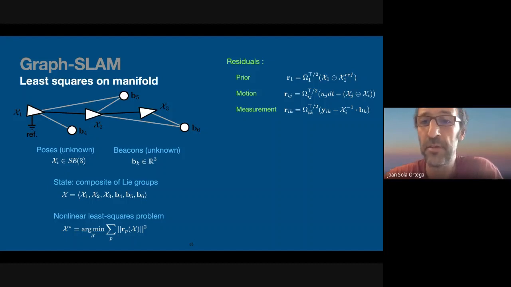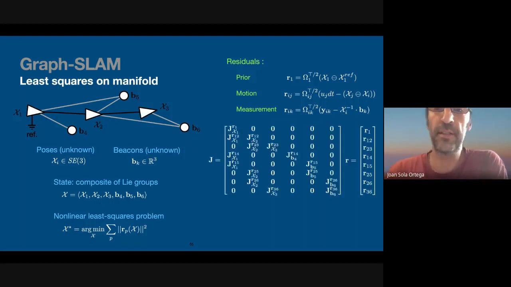Okay, the motion residual computes the error or the discrepancy between the control signal for motion, u_ij dt, compared to the actual motion between i and j, so xj minus xi, okay? And the measurement residual evaluates the discrepancy between a measurement of a beacon and the theoretical measurement given the state, x minus 1 times b, okay?